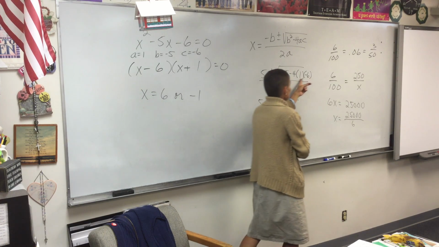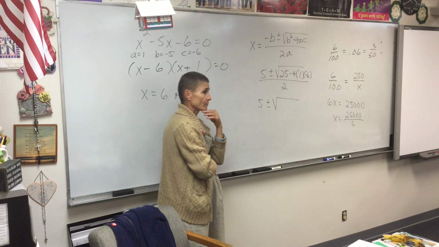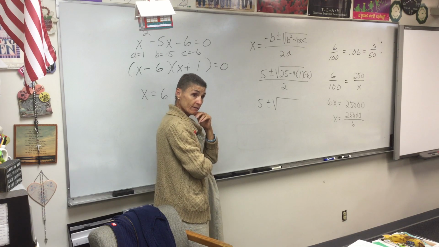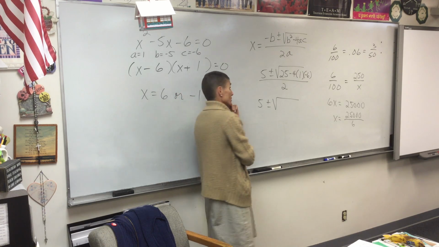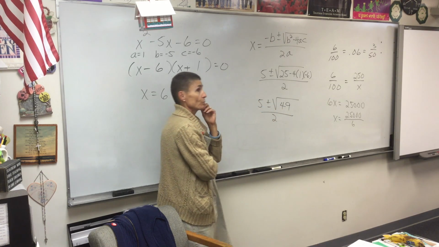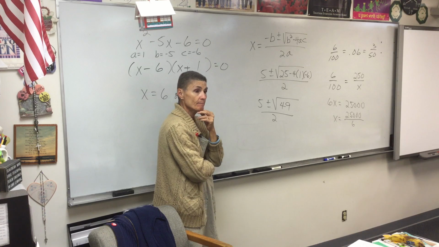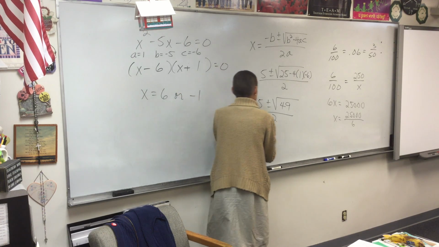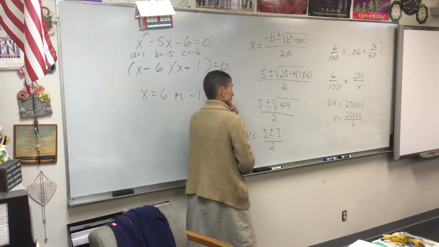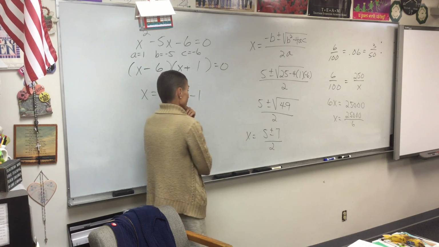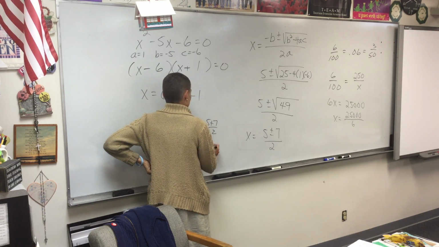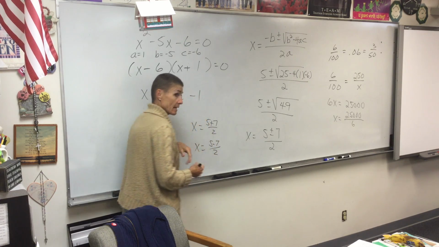We're multiplying all this together and we get 24, which added to 25 gives you 49, which makes us really happy because it's a perfect square. So 5 plus or minus 7 over 2. Our answers will be 5 plus 7 over 2 and 5 minus 7 over 2. Does that look all right to everybody?